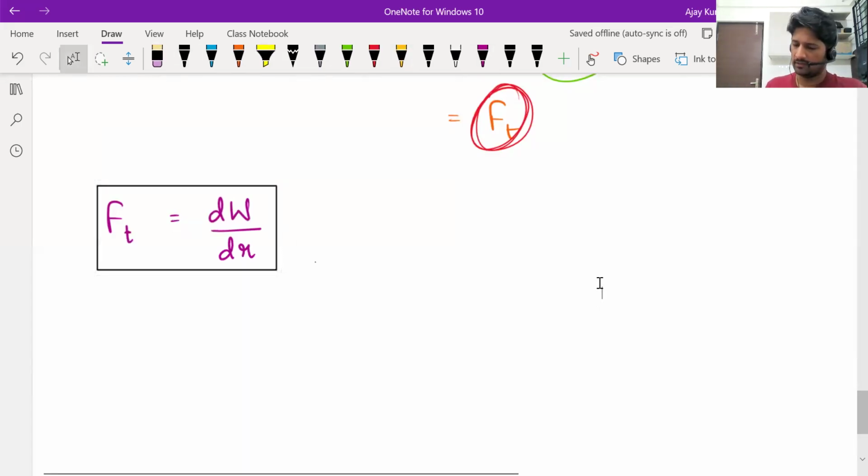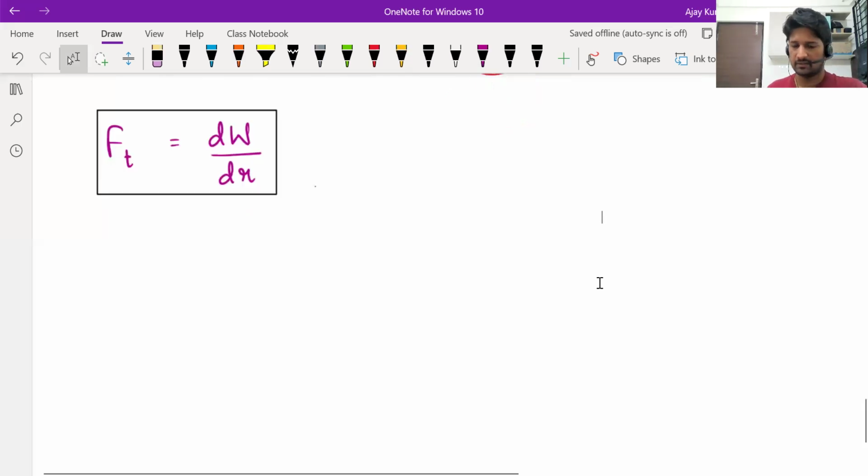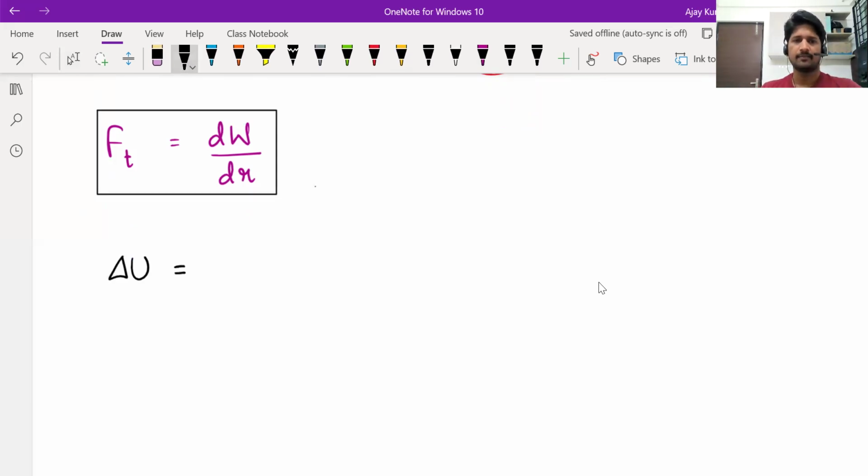Can one of you tell me, by definition, how is change in potential energy calculated? I'm not asking gravitational or spring or particular cases like that, but by definition, like in general, how is change in potential energy calculated?